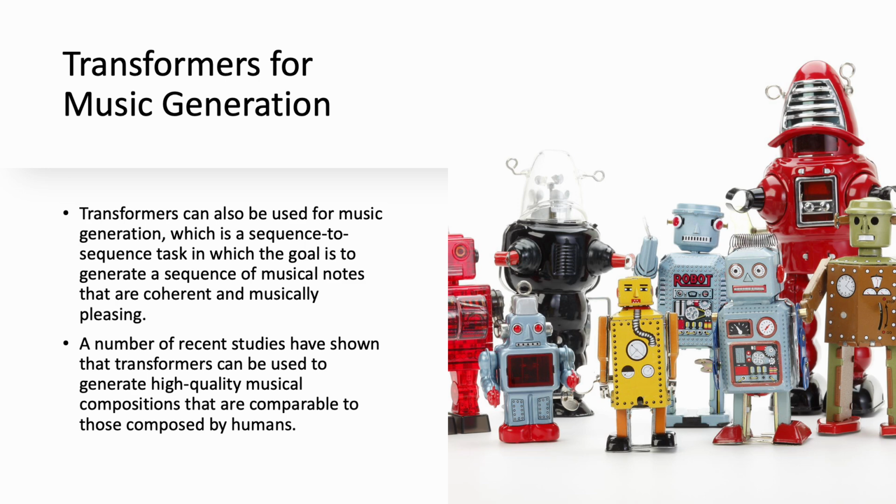The model is trained on a large dataset of audio files and uses a multi-scale vector quantized variational autoencoder, or VQ-VAE, to model the audio at different levels of granularity. The model is able to generate music in a variety of genres and styles and with a high level of fidelity.